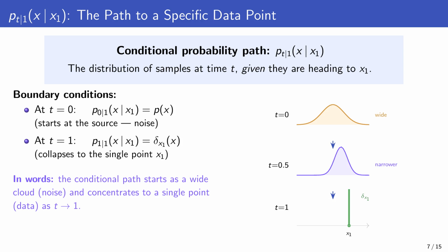At the top, t equals 0, we have a wide Gaussian. In the middle, at t equals 1/2, the distribution has narrowed and shifted toward x1. At the bottom, t equals 1, it has collapsed to a spike, the delta function at x1. The conditional path is like a funnel. It starts wide and narrows to a point. The question is, what specific shape should this funnel take?